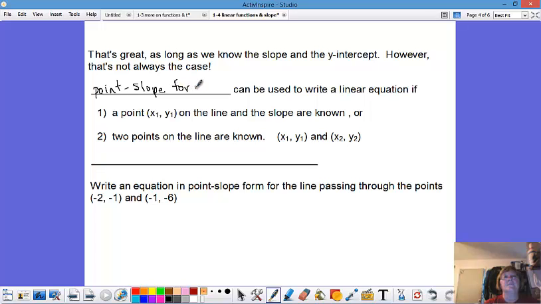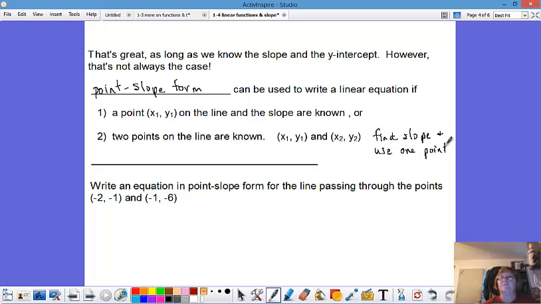That form or that pattern can be used to write a linear equation if, and there are two ways you can use it, if you know a point that's on the line and you know a slope. Or if you know 2 points on the line, then you find the slope and use one of the points. It doesn't matter which one.